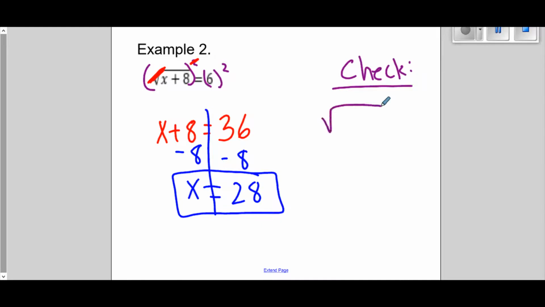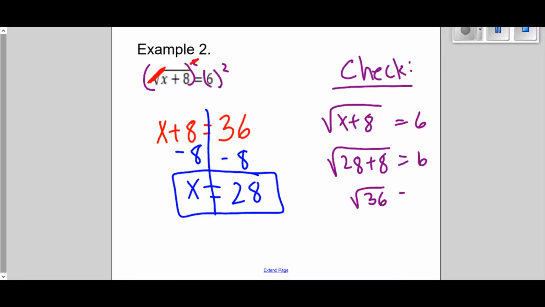So this would be the square root of x plus 8 equals 6. And I just want to check that this is true. So I'm just going to plug in 28 for x. So the square root of 28 plus 8 equals 6. So 28 plus 8 is 36. So the square root of 36 equals 6. So 6 equals 6. So again, this one checks. So it would be okay in MathXL to go ahead and put 28 in for your solution here.